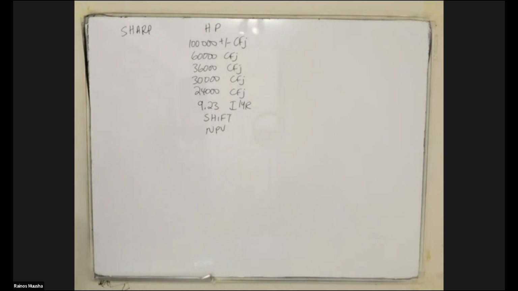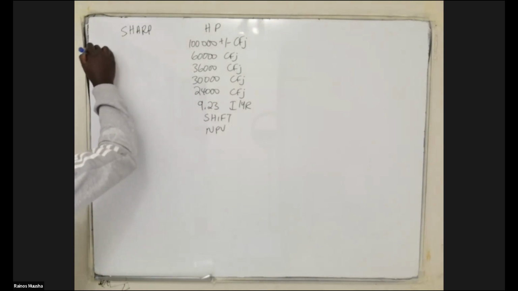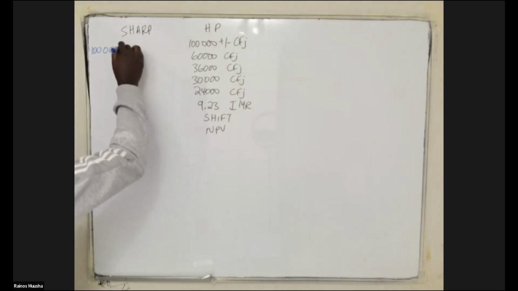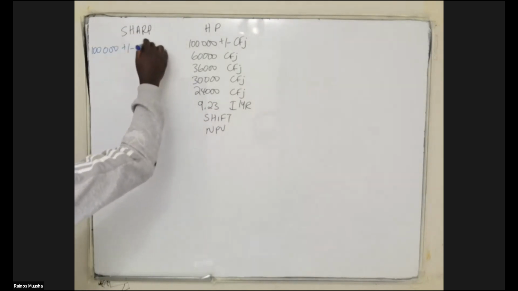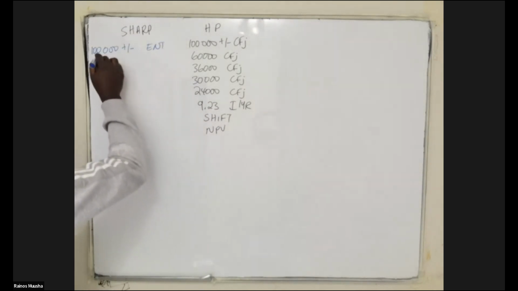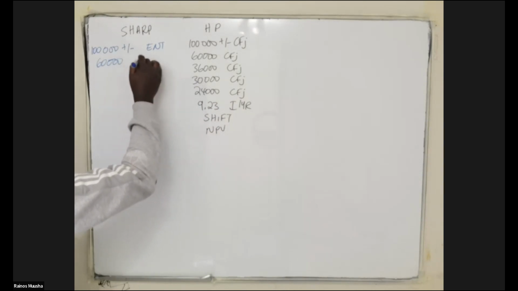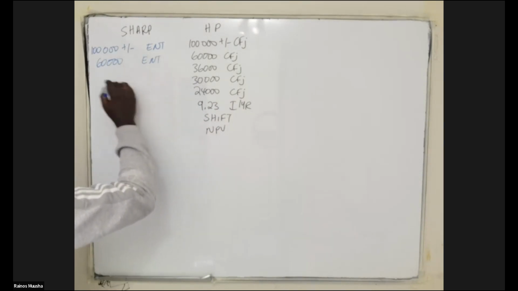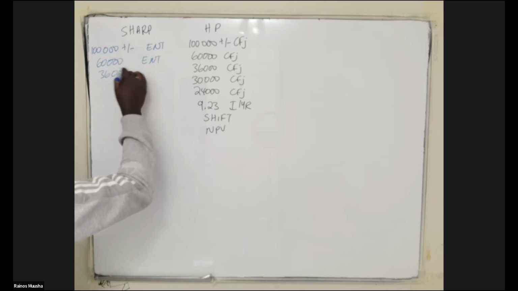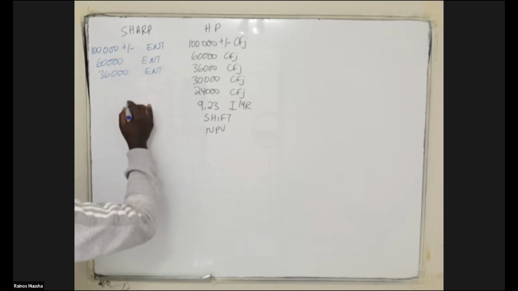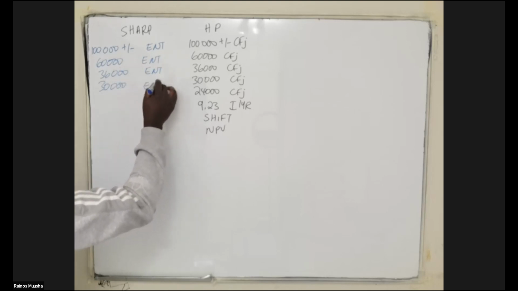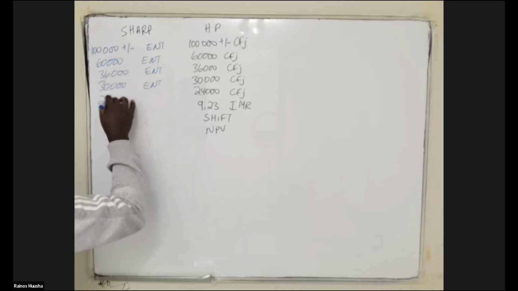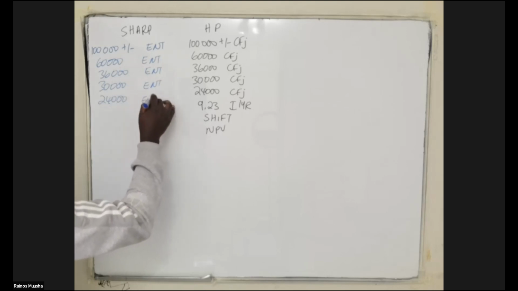Then if you're going to be utilizing the Sharp calculator, you're going to say 100,000, make it negative to indicate that it's a cash outflow, and then you press enter. Then 60,000, you press enter. 36,000, you press enter. 30,000, you press enter. 24,000, enter.